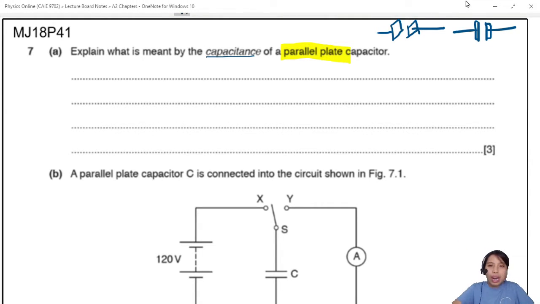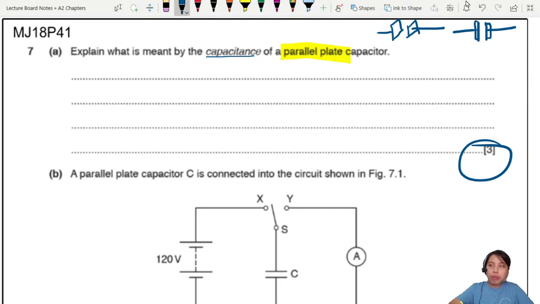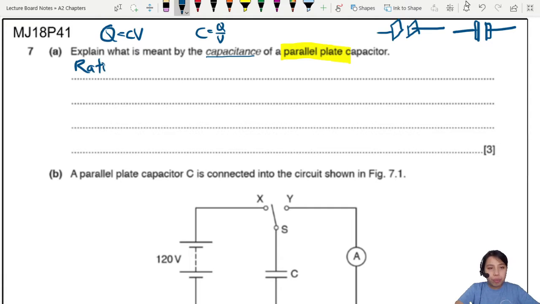So you need to tweak your answer a little bit already, because now it's going to be 3 marks. You know that Q equals CV, right? And you can rearrange that: capacitance is Q over V. So you can say it's the ratio of charge stored over potential difference. But you must say charge stored where? Must be specific.